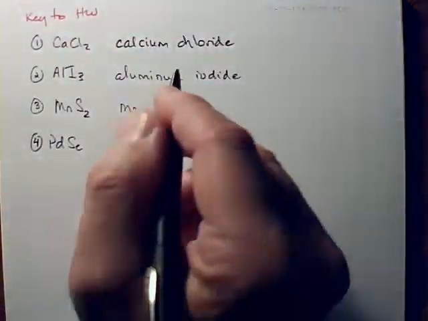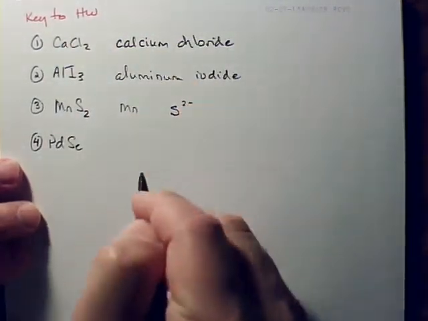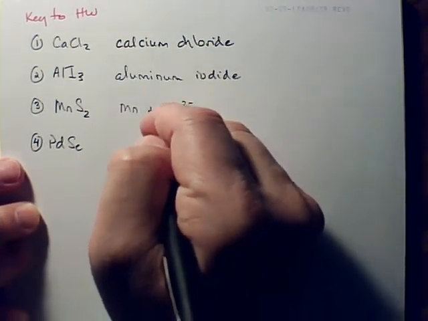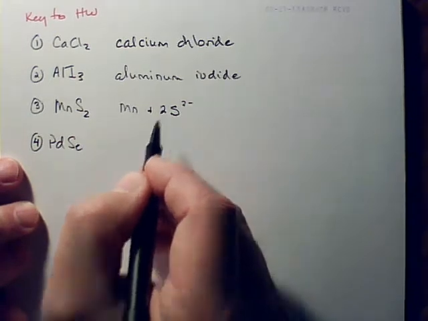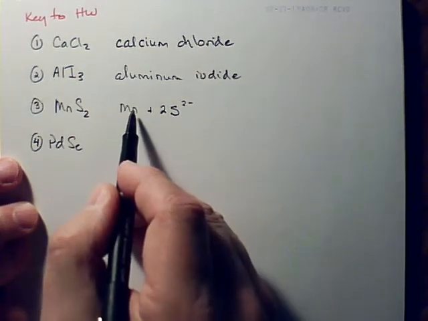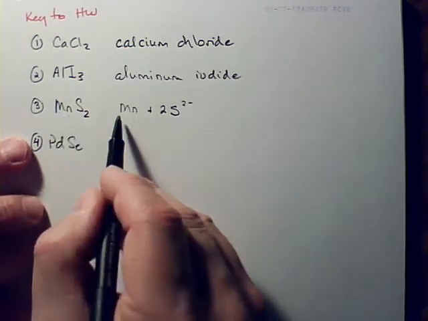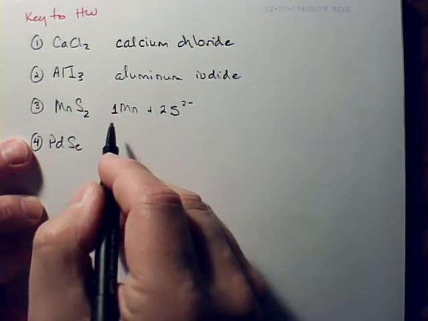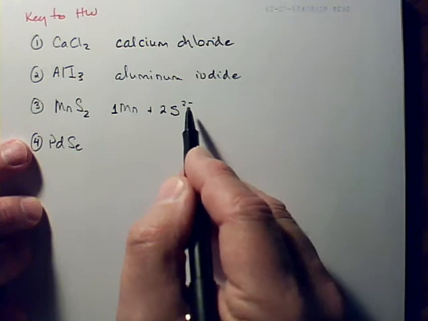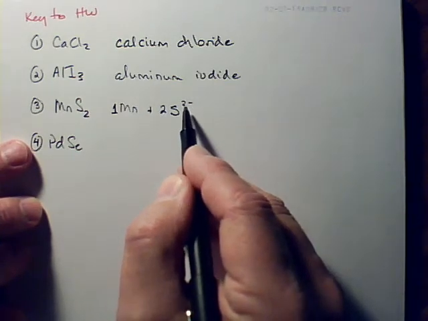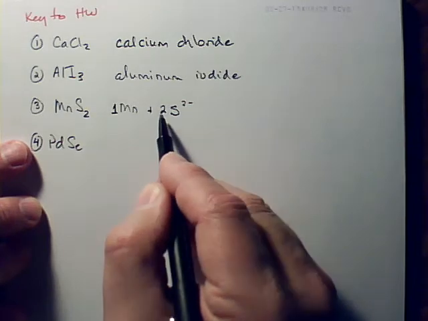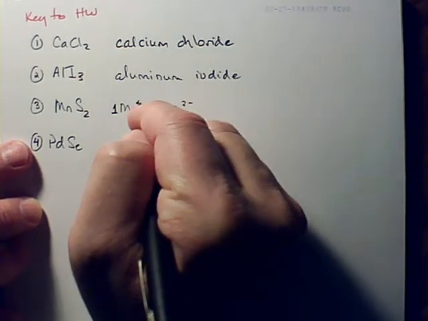Okay? So if this is 2 negative, and we have 2 of them, this 2 here means I have 2 sulfurs, then I need a charge on the manganese because I only have 1 manganese. And the charge that will balance out or cancel out the 2 negatives is a 4+.